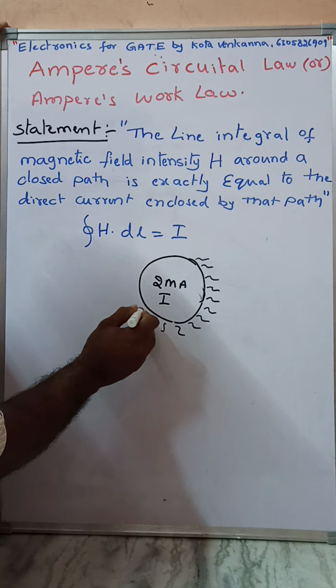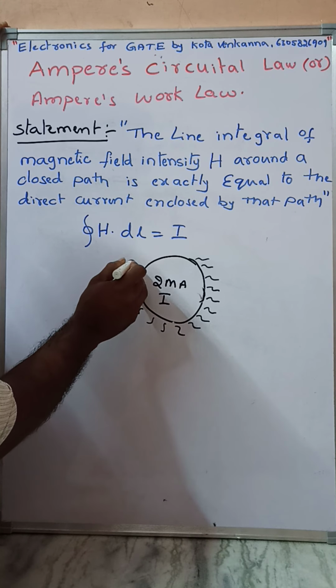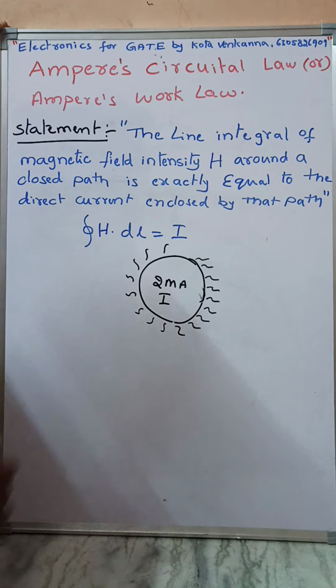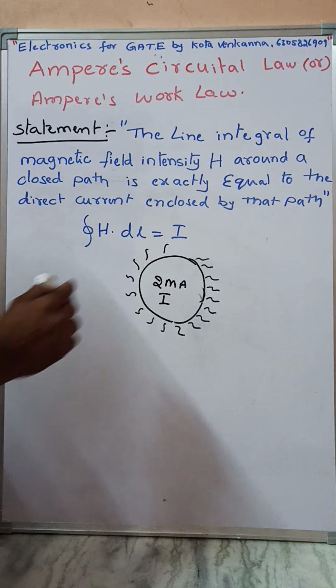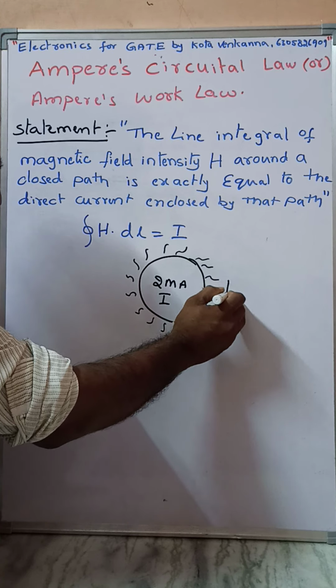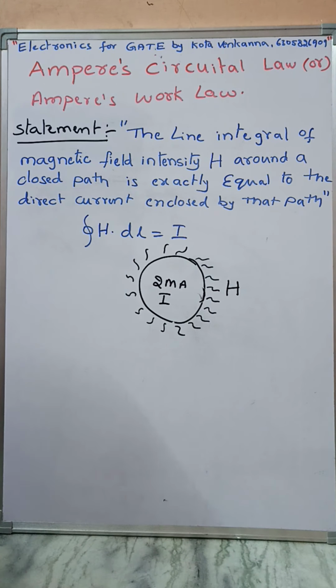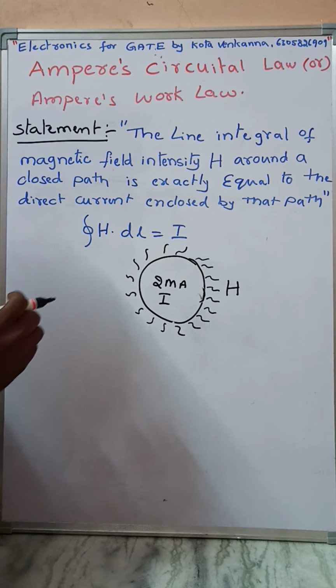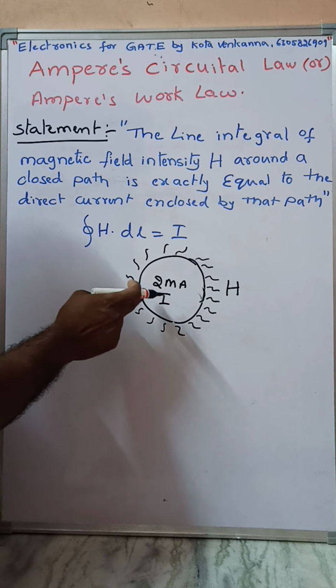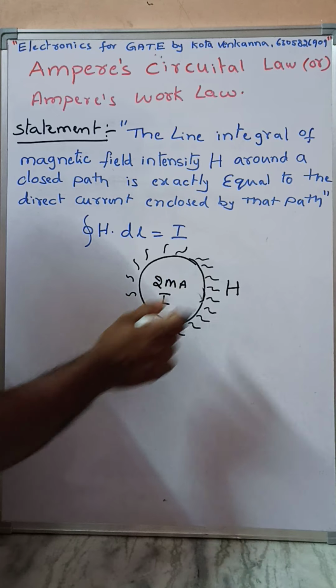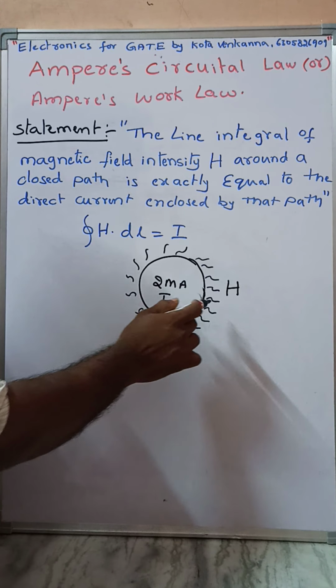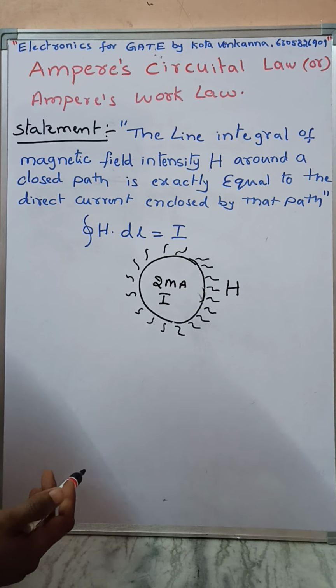It must be equal to the current, 2 milliamps. If the intensity of current increases, then the magnitude of the magnetic field also increases.